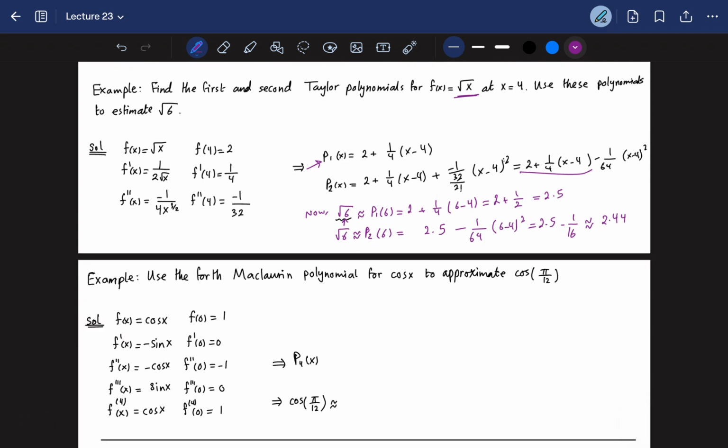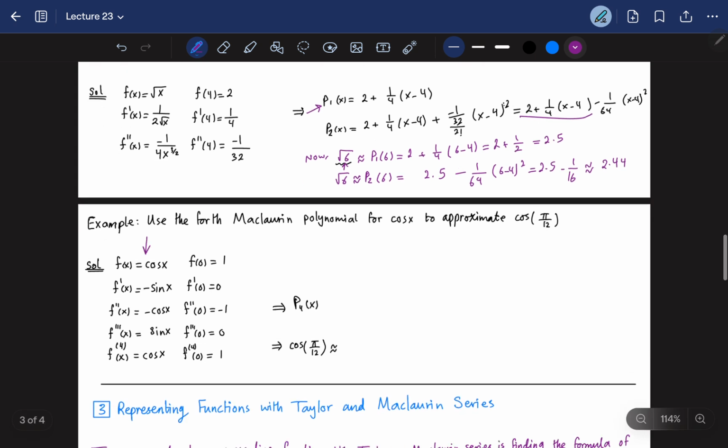Now let's use the fourth Maclaurin polynomial to approximate cosine of pi over 12. So again, we're going to find the first 4 derivatives. You're going to get all of these. Once you plug in 0 there, since we're doing a Maclaurin polynomial, you're going to get 1, 0, negative 1, 0, and 1.